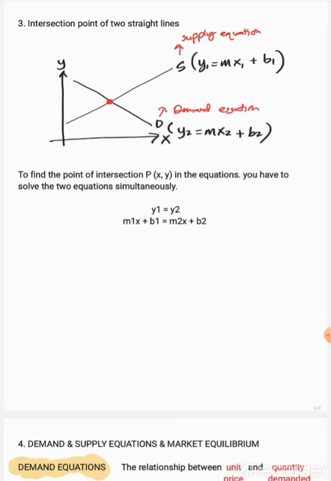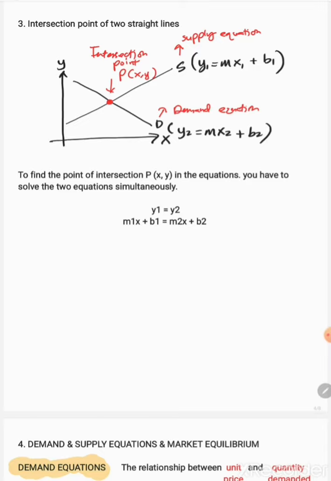So when the lines intersect, we know this is the intersection point. Let's say P(X, Y), the coordinates of X and Y. To find the point of intersection, you have to solve these two equations simultaneously.